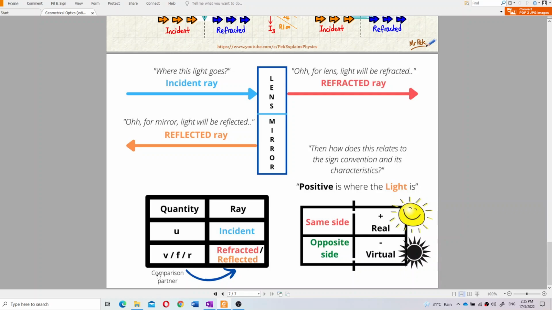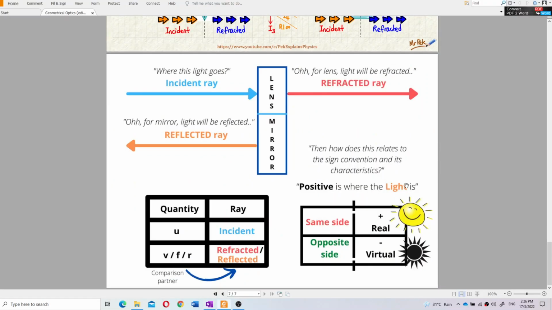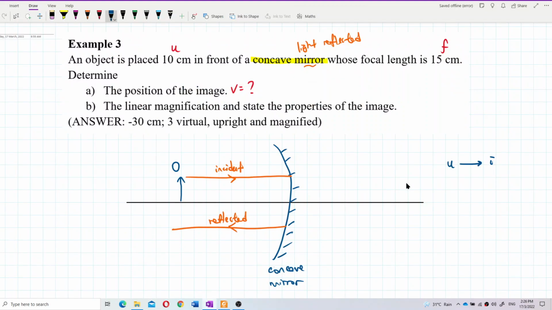This is the comparison partner. I want to write it over here: object always compares with incident ray, and the v, the focal length, the radius, all compare with reflected ray.